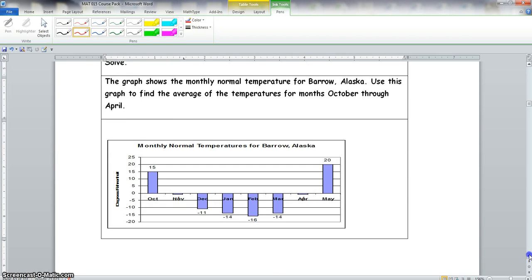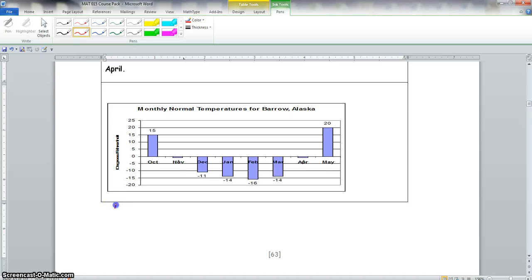Now what we would do is this here. We have our average is equal to, now we will have our sum of numbers. So we have October is 15. November, you can't really see it, but it's negative 1. December is negative 11.